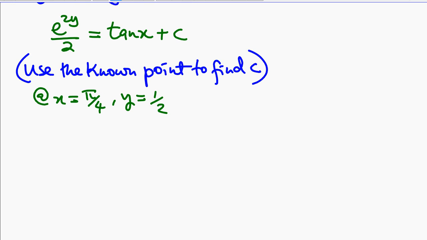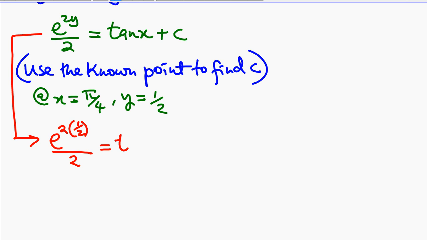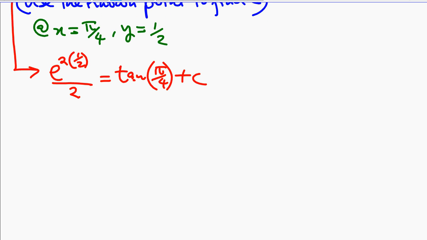So I'll end up with e to the power 2 in bracket a half, over 2. That will be equal to tan in bracket pi over 4, plus c. And remember, what you're looking for here is c.